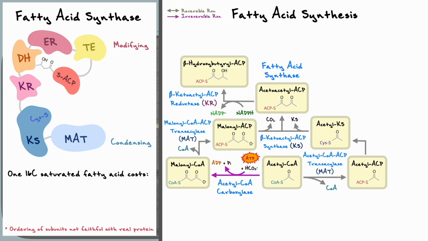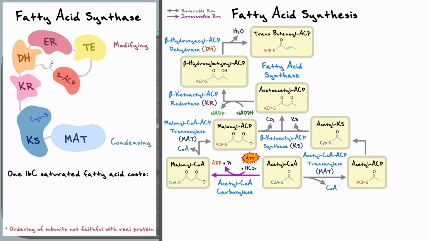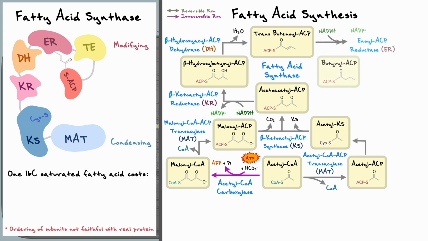Then, in the DH subunit, beta-hydroxyacyl ACP dehydrase removes one water molecule from the compound and creates a double bond between the second and third carbon. In the ER subunit, this double bond is then reconverted to a single bond by enoyl ACP reductase, which uses NADPH to do so again. After all these reactions, we generated one 4-carbon saturated fatty acid that is still bound to ACP.